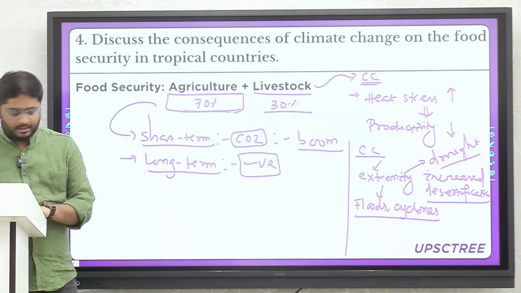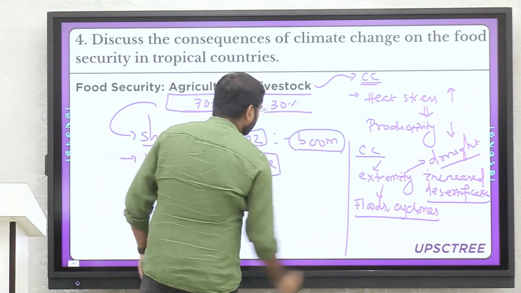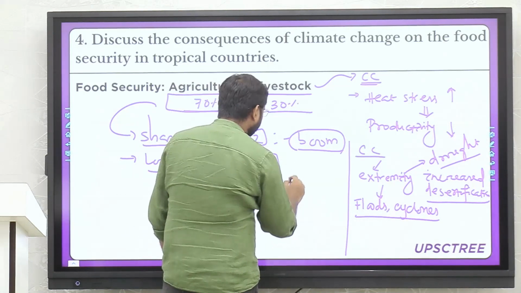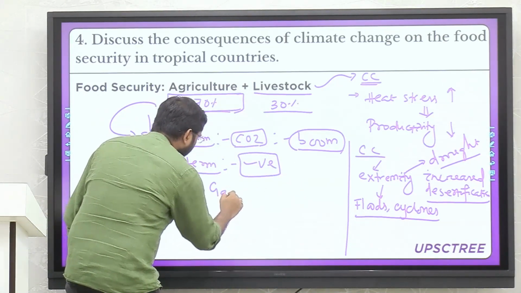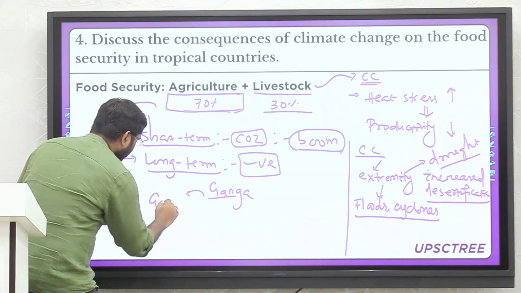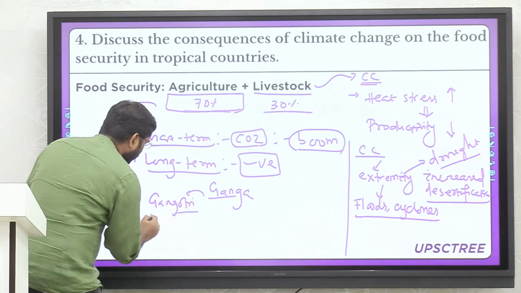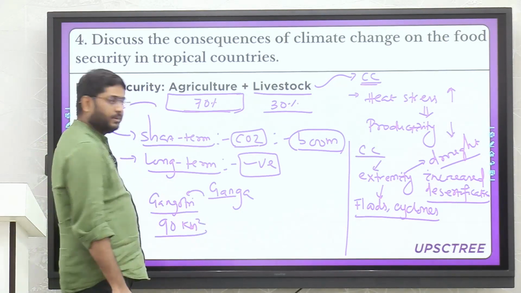So that is there. But see, I told you for some period of time there will be a boom. Here also, let me give an example. We have the river Ganga, and the origin of Ganga is in the Gangotri Glacier. Gangotri Glacier is 90 square kilometers.